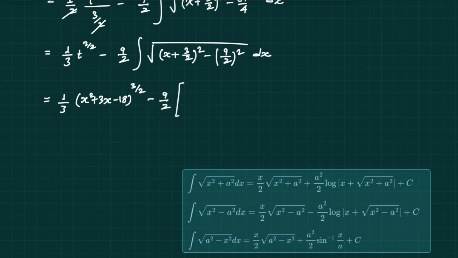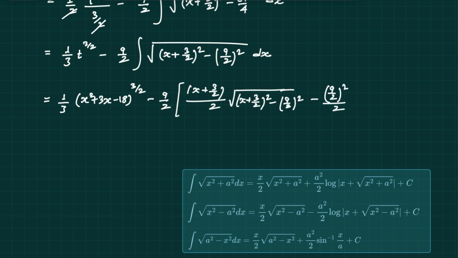Using the formula x by 2 square root of x square minus a square minus a square by 2 log of x plus square root of x square minus a square, here it is (x plus 3 by 2) by 2 square root of (x plus 3 by 2) whole square minus (9 by 2) whole square, minus (9 by 2) square by 2 log of (x plus 3 by 2) plus square root of (x plus 3 by 2) whole square minus (9 by 2) whole square, plus c.